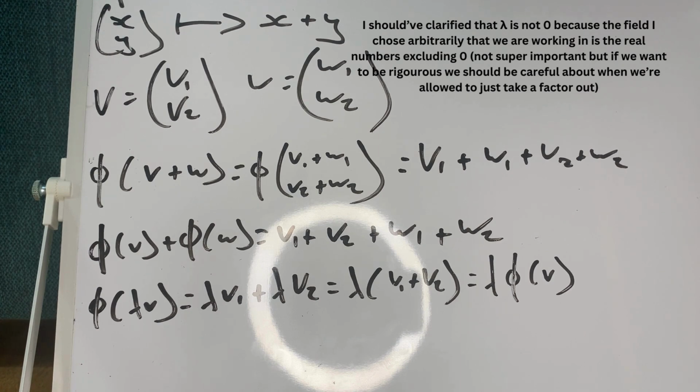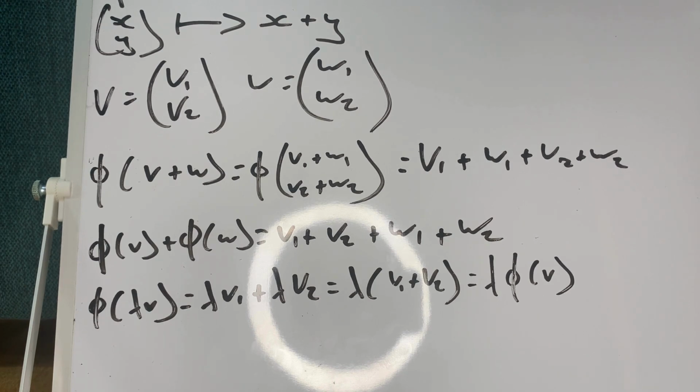We're going to get lambda times v1 plus v2. And we know that that equals lambda times phi of v, because phi of v is v1 plus v2. So that property is also satisfied. So not a super rigorous proof, but we've shown that this function is a linear map.